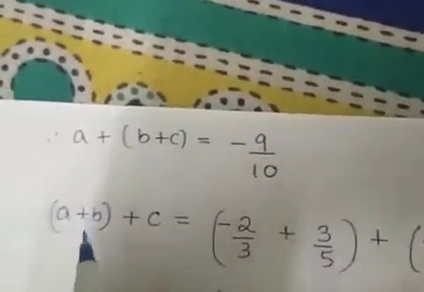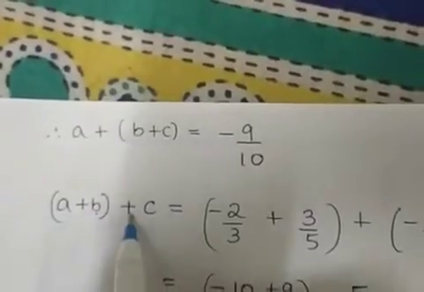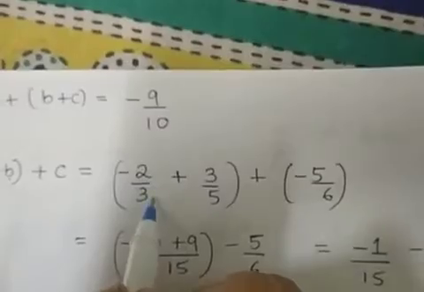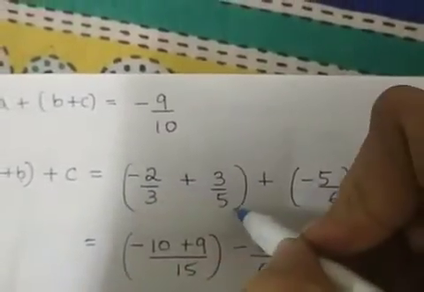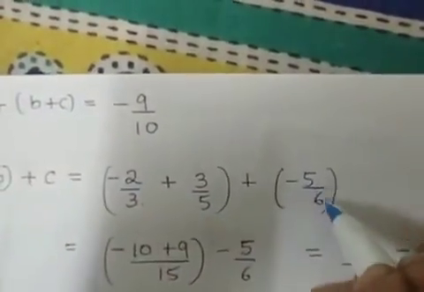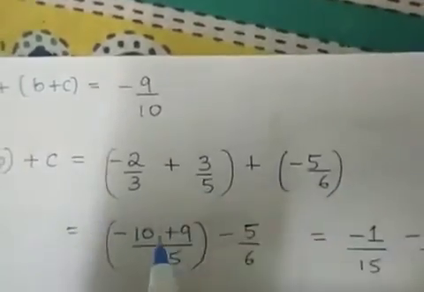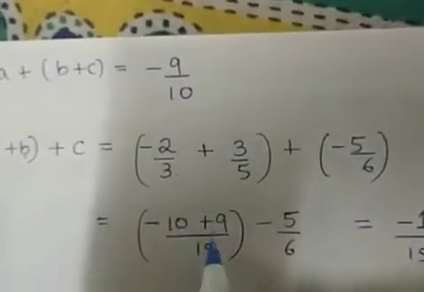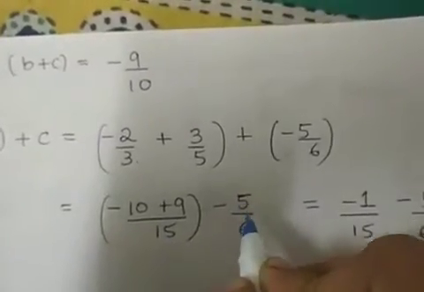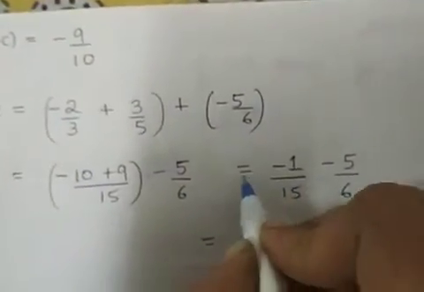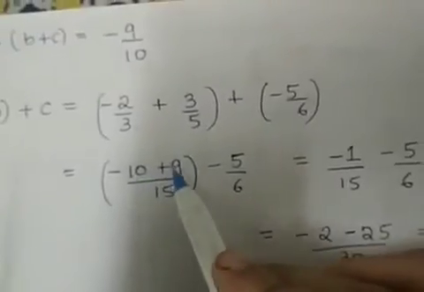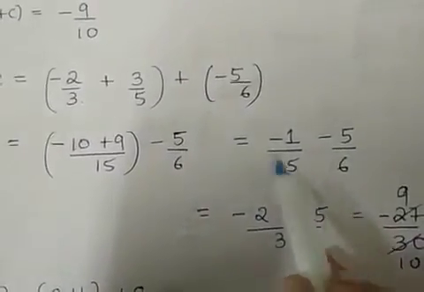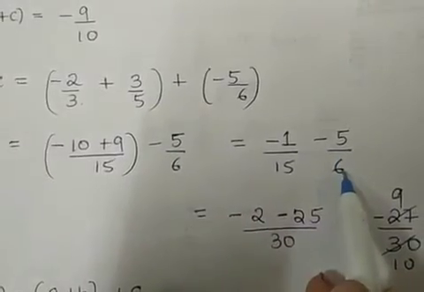Now let us take (a + b) + c. What will happen if I add these two numbers first? a is minus 2 upon 3 plus b is 3 upon 5, plus c is minus 5 upon 6. First when I solve this bracket, I get minus 10 plus 9 upon 15 minus 5 upon 6, and this is equal to minus 1 upon 15 minus 5 upon 6.